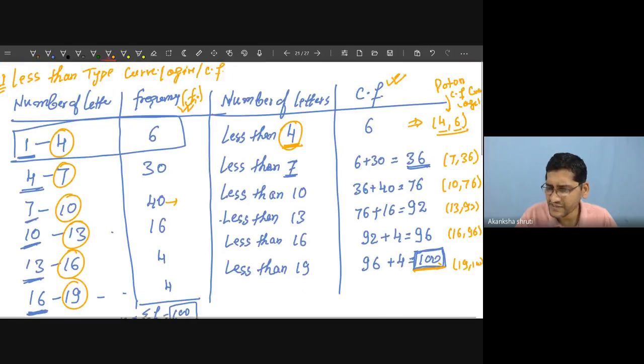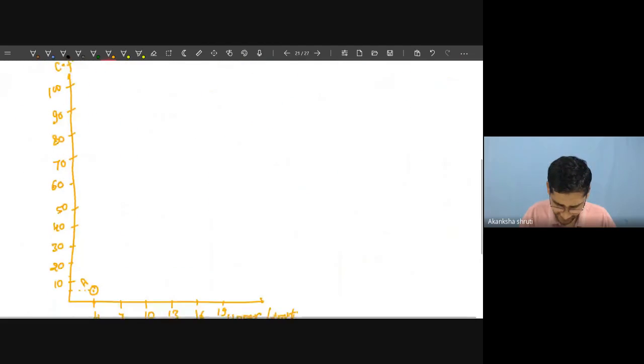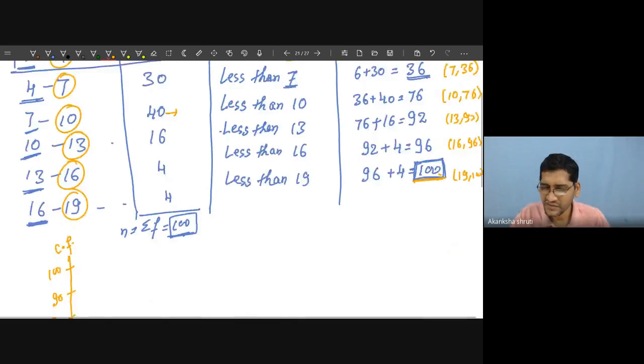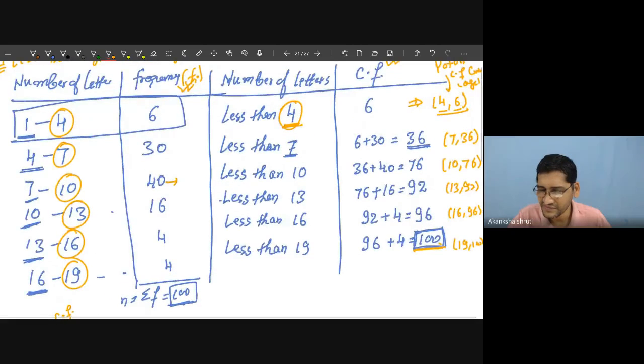Now, the next one is our 7 and 36. So going for the 7, we have to go for 36. It is like this one. It is our point B. 7, 36.